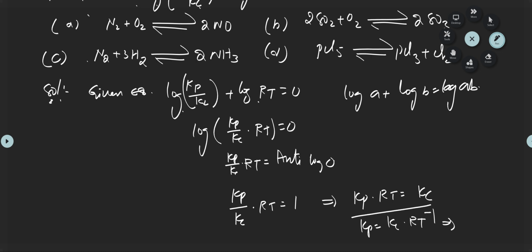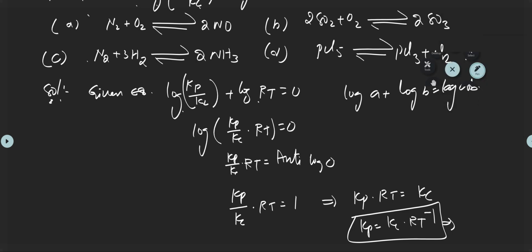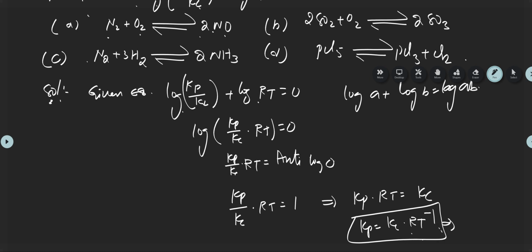Now check this Kp Kc relation against each of the following equations. First option, N2 plus O2 gives rise to 2NO. What is the change in number of moles? 0. So Rt power 0 would be needed, but here it is minus 1. So option 1 is wrong. Second option, 2 minus 3 is minus 1.